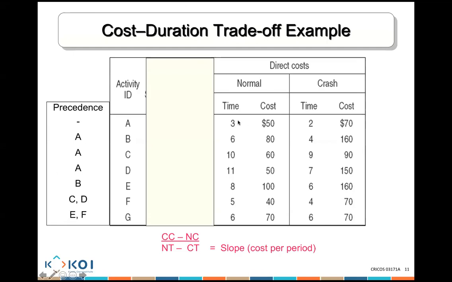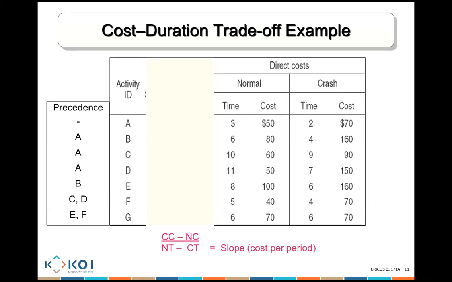So activity A could be finished 1 day quicker, but it's going to cost me $20 more to finish the task in 2 days instead of 3 days.